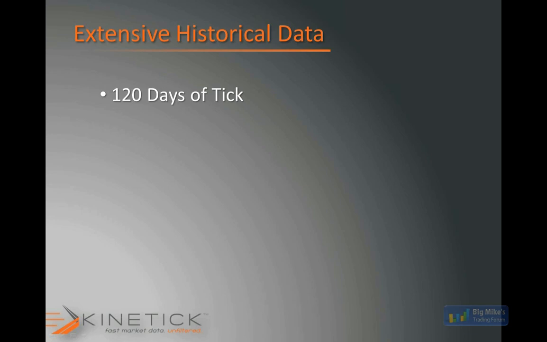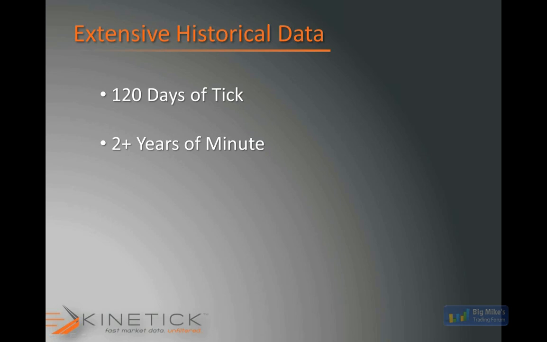We have 120 days' worth of tick data, which is far more than most providers are going to offer you, specifically for historical backfilling on your charts. So you don't have to be connected at all times. You can just create a chart within NinjaTrader, and the historical data will populate from the Kinetick servers.